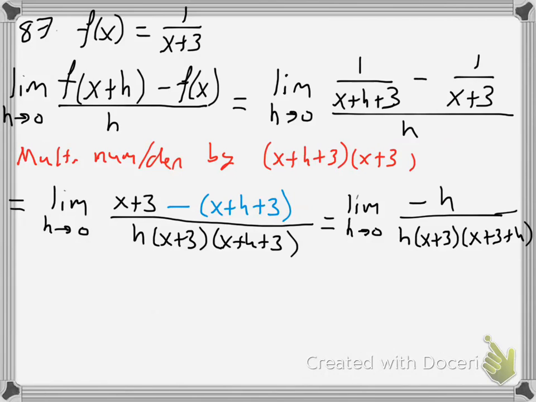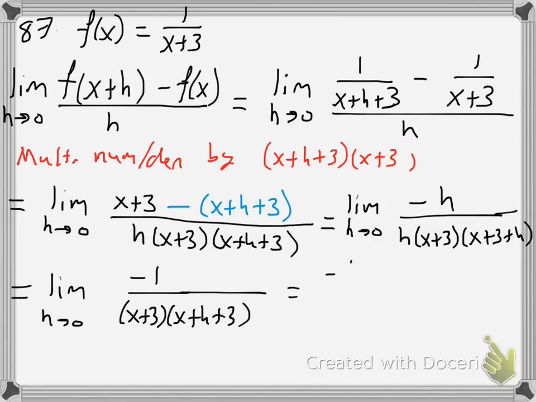I didn't mention this at the beginning, but if we directly substitute 0 in, then we get 0 over 0. So that's why we're going through all of this. If I can directly substitute in, then I don't have to go through some algebra tricks. The h's are going to divide out, and we have negative 1 over x plus 3 times x plus 3 plus h; it doesn't matter whether the h or the 3 comes first.